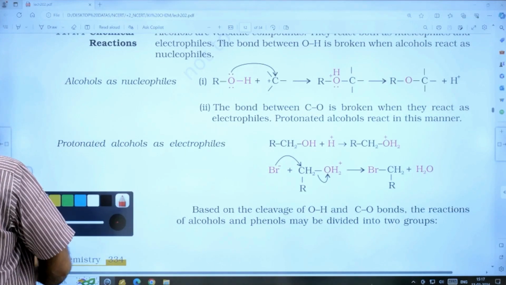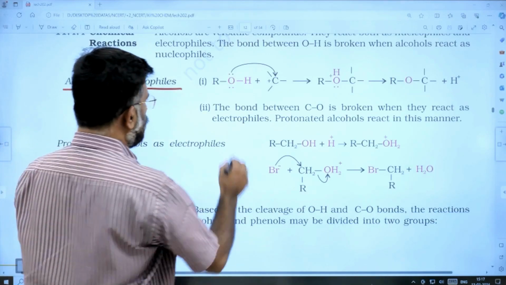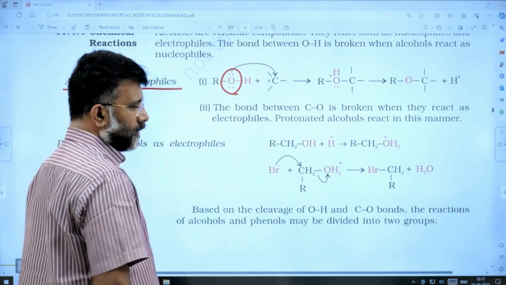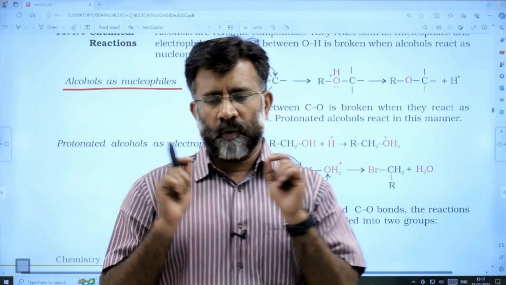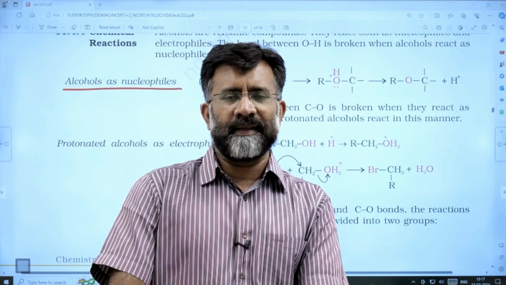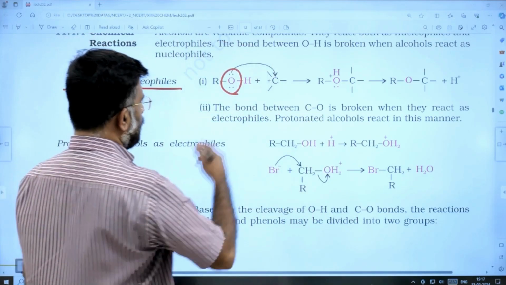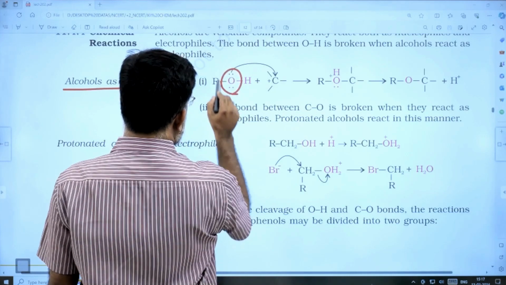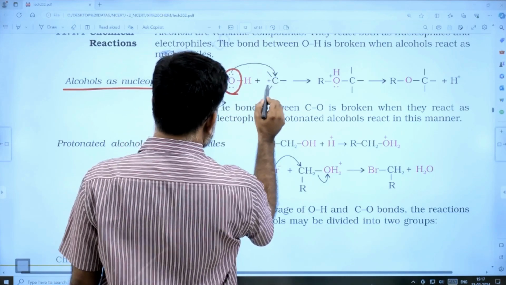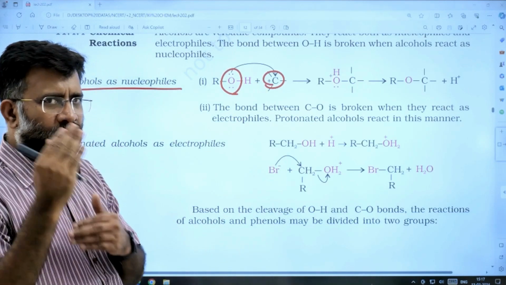Number 1, alcohol can act as a nucleophile, as this is an electron rich center, ROH. The oxygen is electron rich and it can act as a nucleophile. It can attack an electrophilic center. So it can act as a nucleophile, number one.